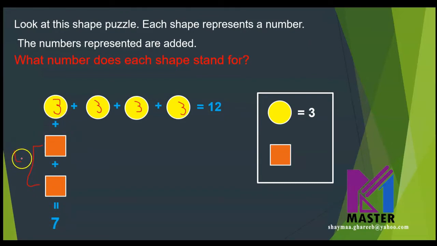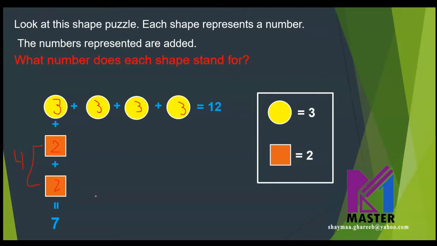Then these 2 squares equal 4, and they are identical, they are the same, which means each one of them equals, what do you think? Both of them equal 4, so each one of them equals 2, half of the 4. So 2 plus 2 equals 4, plus the 3 equals 7. Then the value of 1 square equals 2.